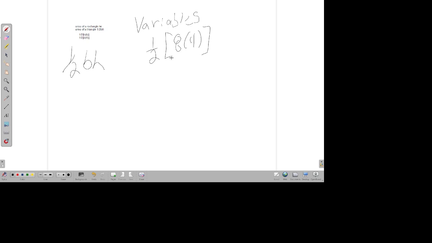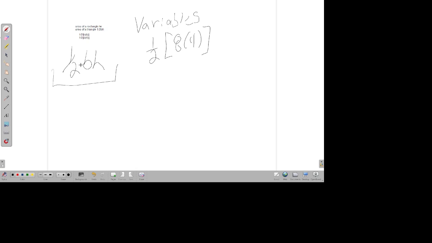We don't need all these fancy doo-ha's when we write it this way because we know the b and the h are variables. And if they're next to each other, that just means multiplication. The 1/2 is next to the b, that just means multiplication. Any time in math where you see a number next to a variable or two variables next to each other, that always, always, always means multiplication.